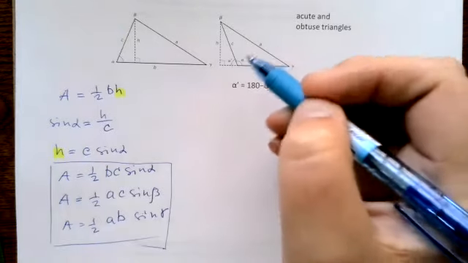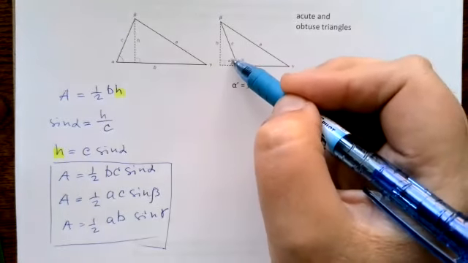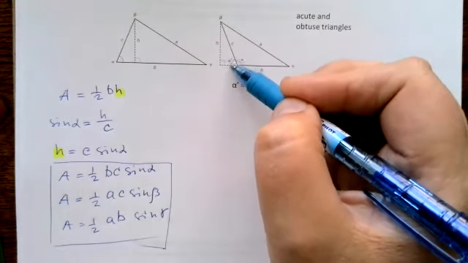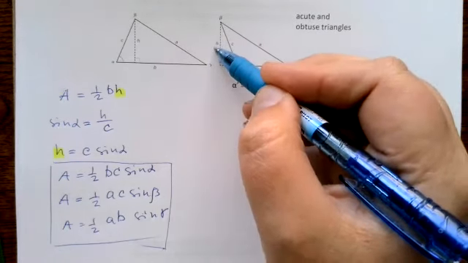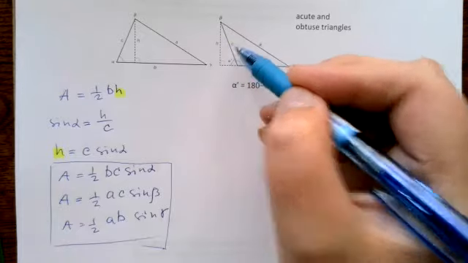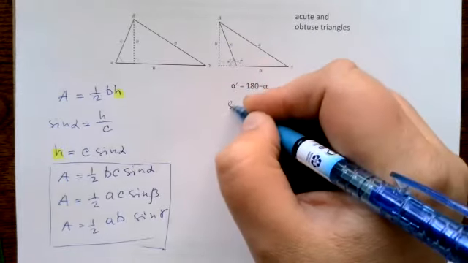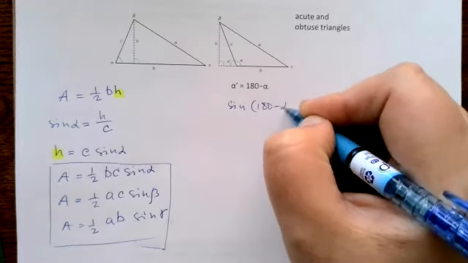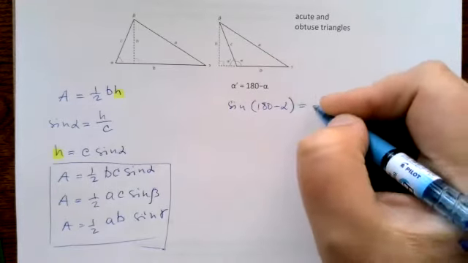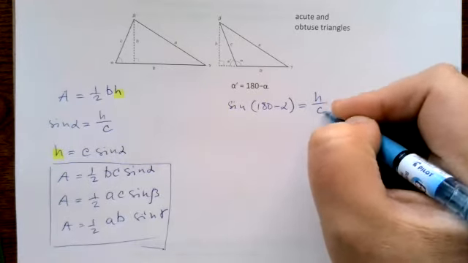Again, we're going to use our sine function. Sine of the supplementary angle to alpha is opposite over hypotenuse, so h over c again. So we have sine of 180 minus alpha is h divided by c.